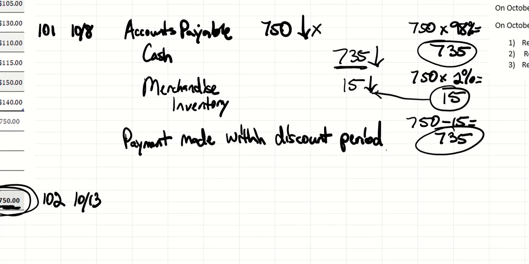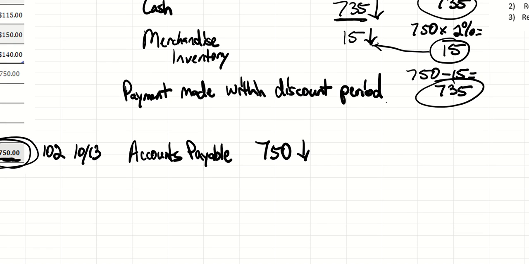That doesn't change actually, because that was what was recorded in the first transaction. So we're going to go ahead and debit accounts payable for $750. Okay, so since the discount wasn't applied because the cash payment was made after the discount period, the cash account is going to be credited also for $750. Okay. And that's how it's done.